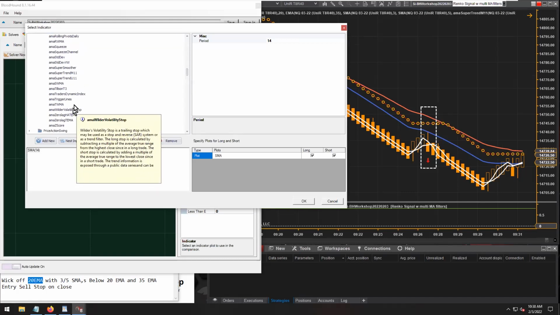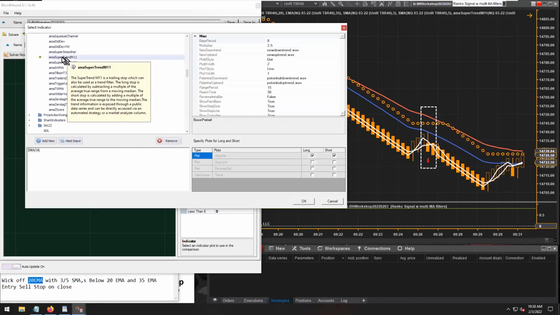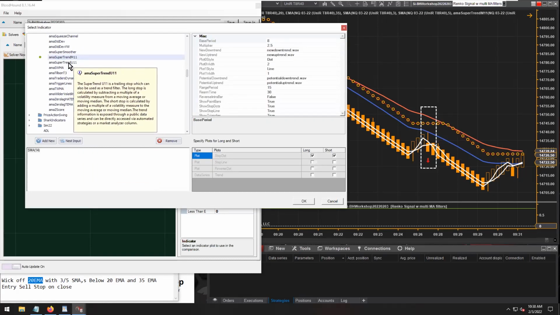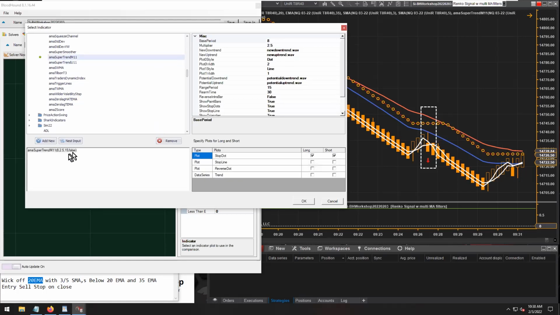The latest version is going to come from the Lizard Indicators website. Let's scroll down here. Remember, we're using the M11. There are two SuperTrends, a U11 and an M11, so make sure you have the M11 installed before opening this BloodHound template.